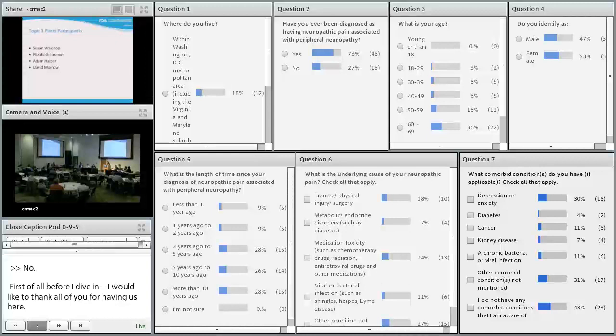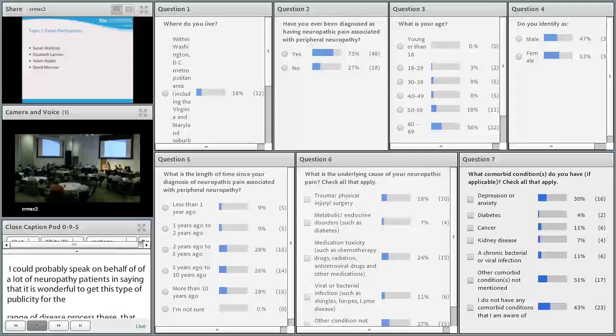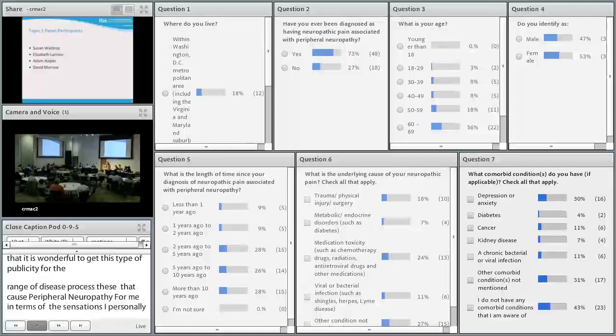For me, in terms of the sensations I personally experience, I primarily experience 3 different types of sensations. The first is what I would describe as sort of a deep muscular soreness, and that is primarily activity dependent.